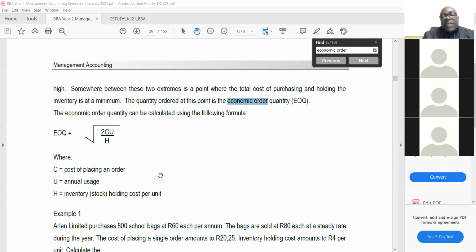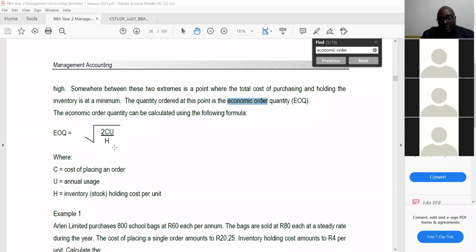Okay. So this is the formula for the economic order quantity. I usually say: I love to see you, honey.